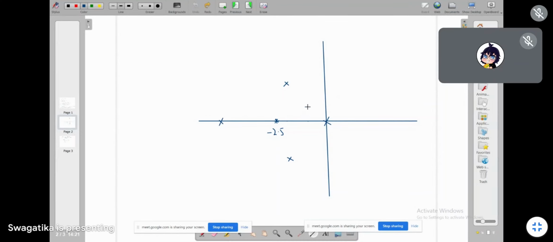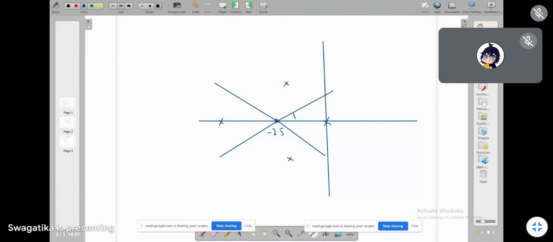You can use a protractor. Then 135, and this one is at 315.